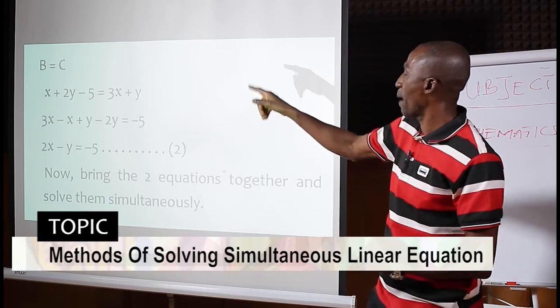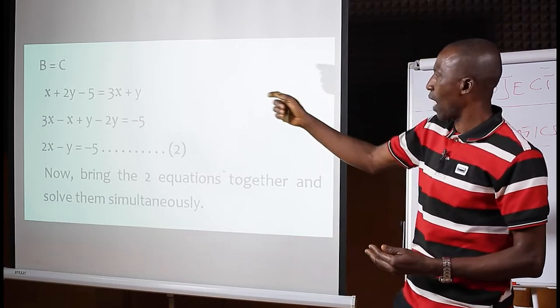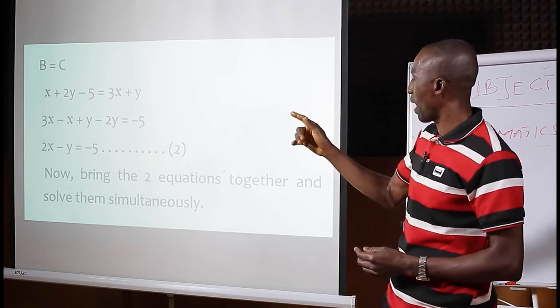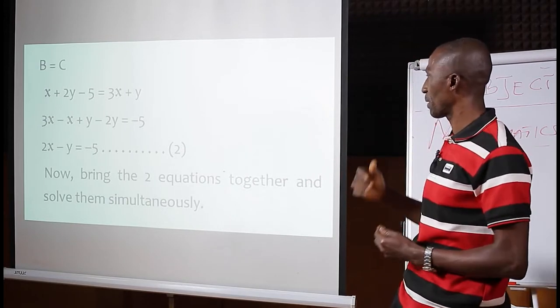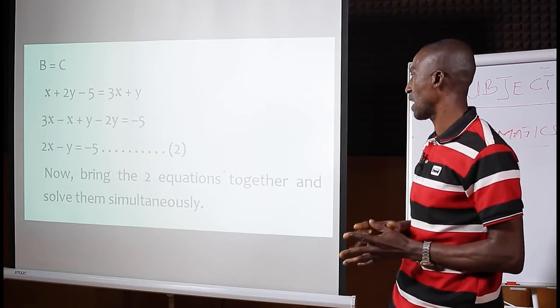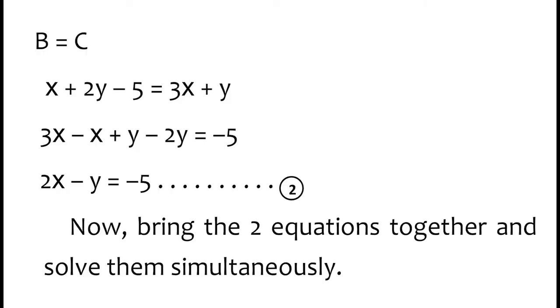Also, I have plus y. Then, when plus 2y crosses to the right it becomes minus 2y. Then I am left with minus 5. So that gives 3x minus x plus y minus 2y equals minus 5.